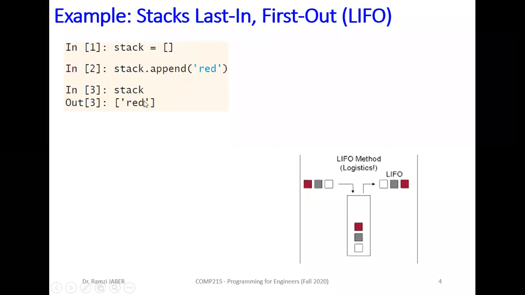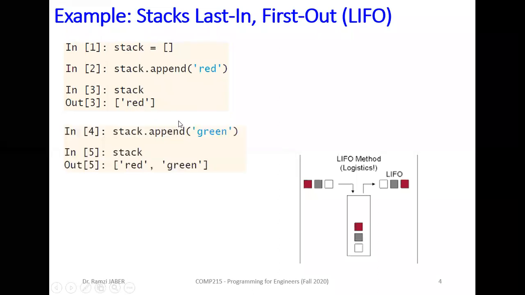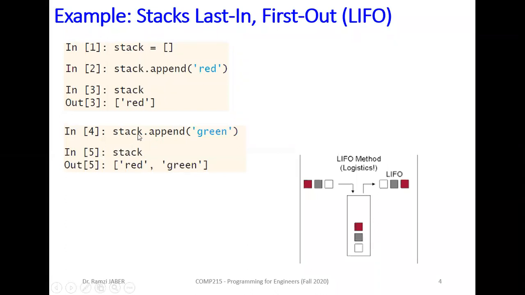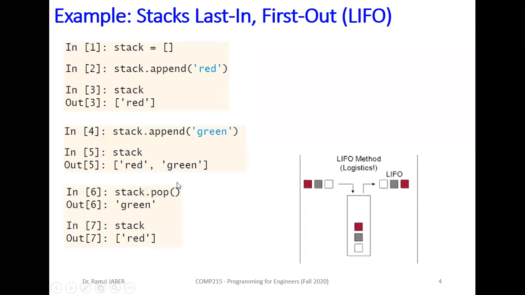So we push, or we add a new item called red at the bottom. Okay? Then another time stack.append green. So the new stack will be red at the bottom, then green. Okay? Then I want to pop.